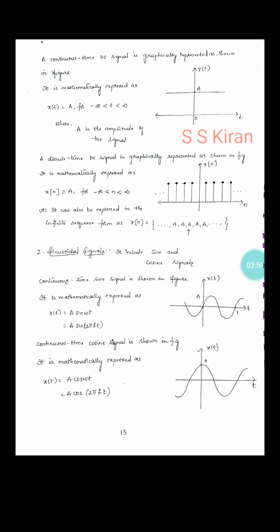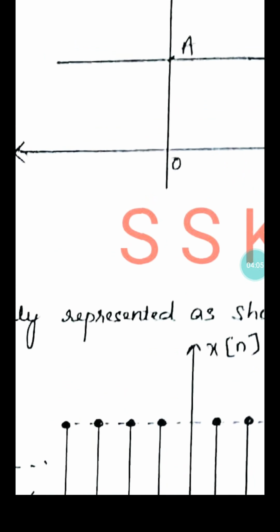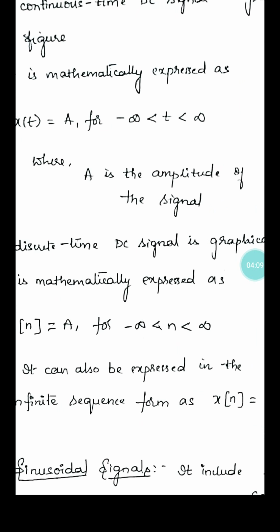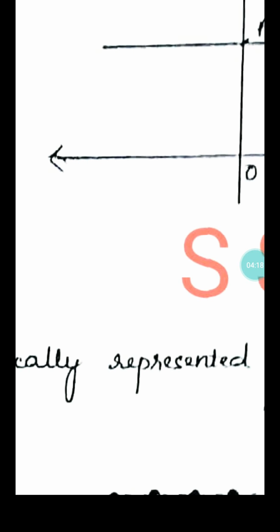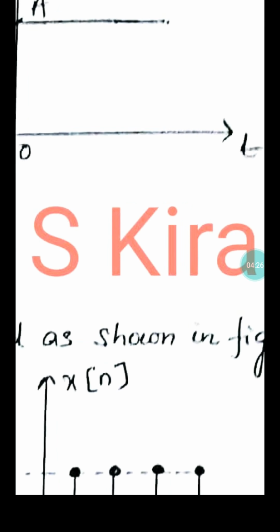It is mathematically represented as, whether voltage or current, whatever it is, x of t equal to A for the condition minus infinity less than t less than infinity. This is minus infinity, this is plus infinity. The signal is between minus infinity and plus infinity.